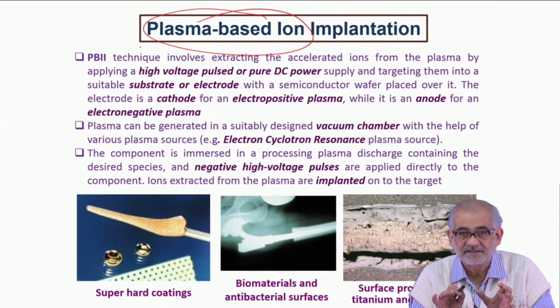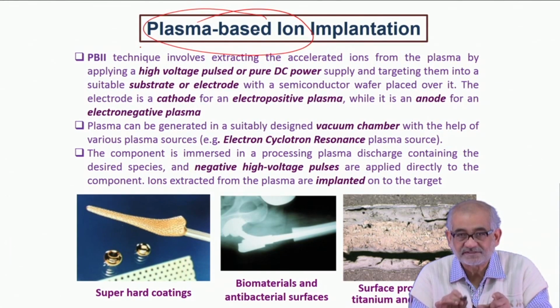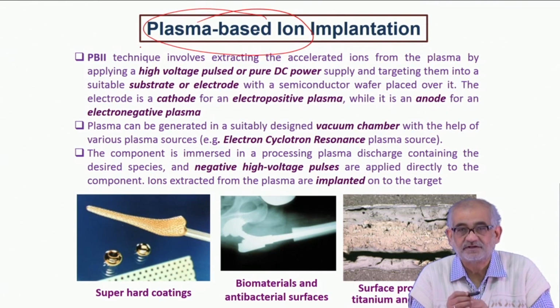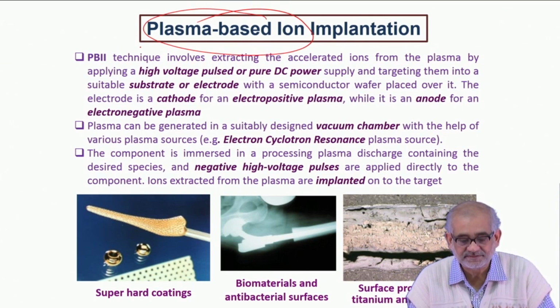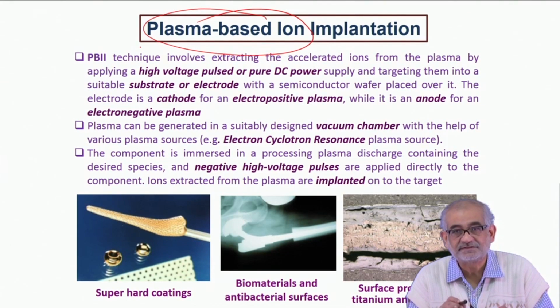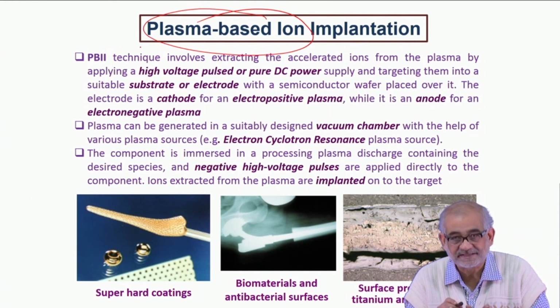When you apply negatively biased pulses, you make the nitrogen ions, cations, accelerate and move faster and get implanted with a certain velocity onto the surface of the specimen, which is on the cathode. So the positively charged ions are accelerated towards a negative electrode and they get implanted. Earlier, in all the nitriding processes discussed so far, we expect the nitrogen, either atom or ion, to come onto the surface, become nascent, get adsorbed and then diffuse in.